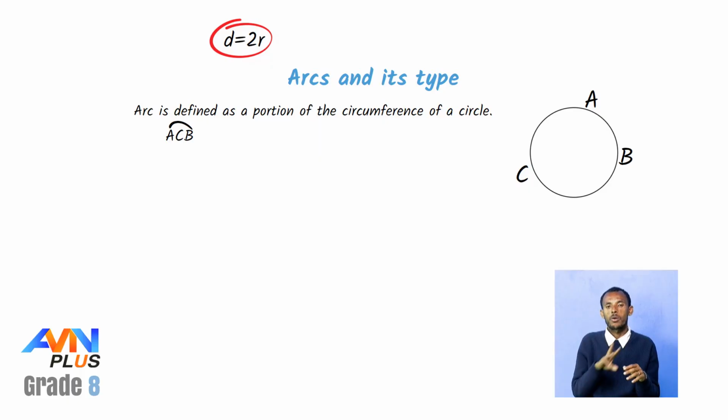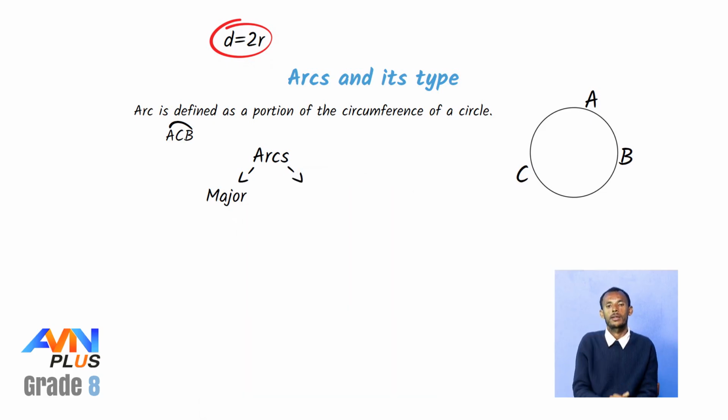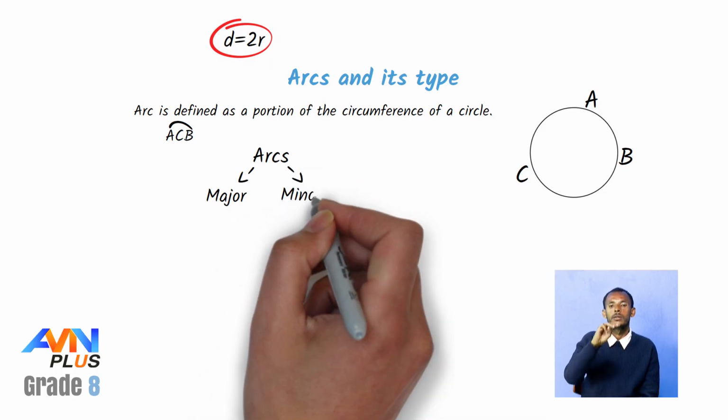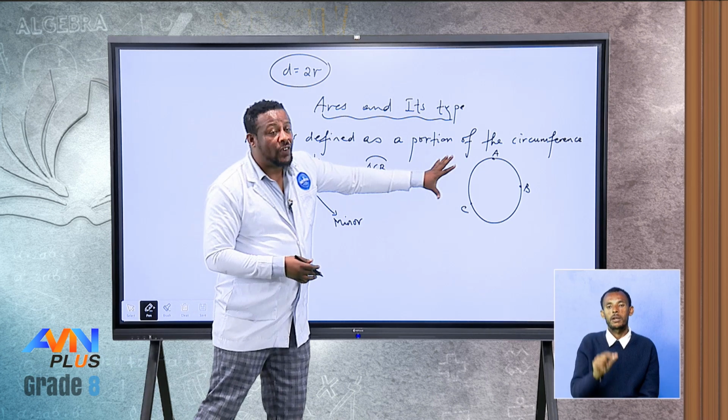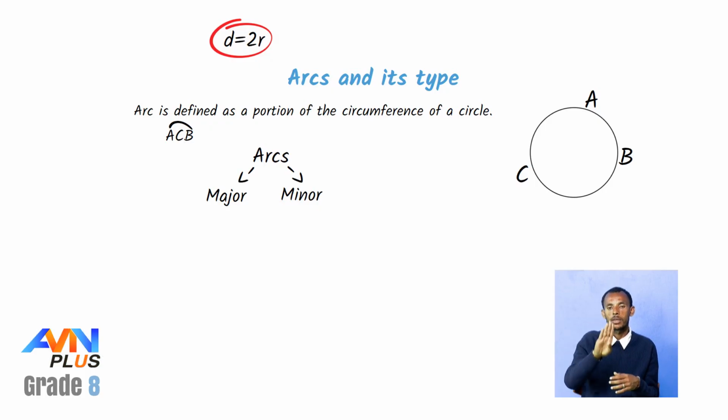So we classify arcs as major and minor. So in this specific picture, ACB is an example for a major arc, and AB is an example for minor arc.